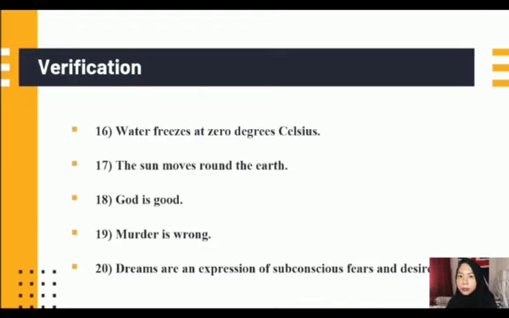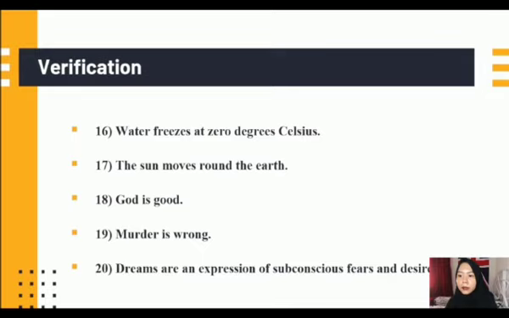For example, for sentence number 16, we can use a thermometer as the verification method to show that this statement is true. In example 17, we know how to find the truth from astronomy, which proves this statement is false.